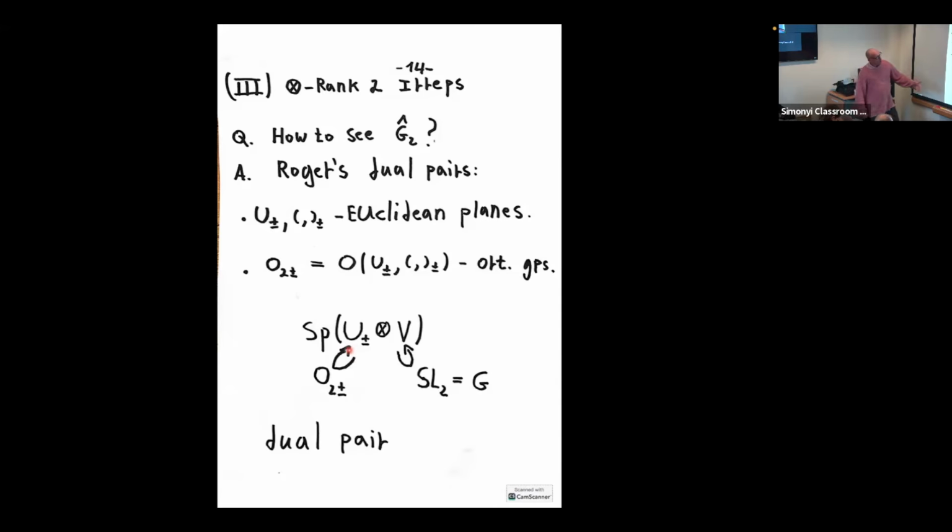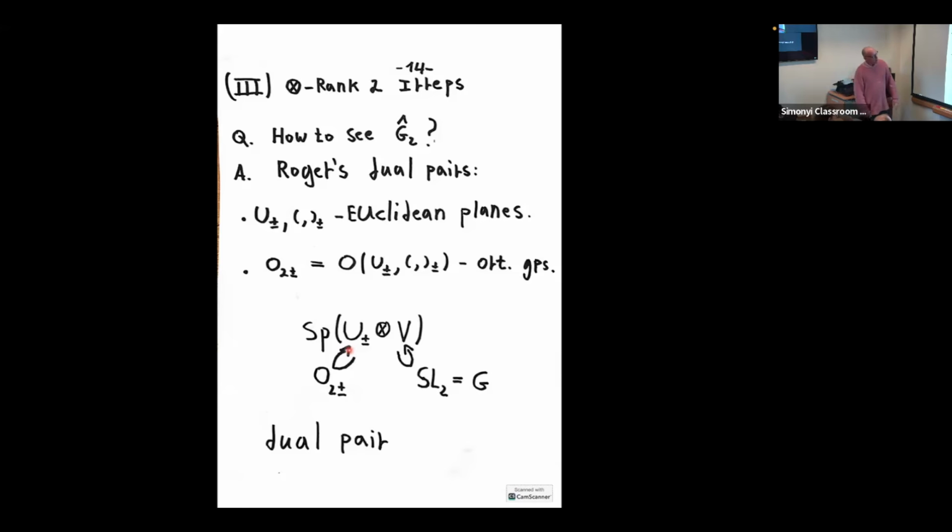Now you can do the following. You can take this two-dimensional Euclidean space and tensor it with our two-dimensional symplectic space. You multiply also the forms, you get a symplectic space, a four-dimensional symplectic space, take the associated symplectic group, and this is a group that comes with a pair of subgroups.